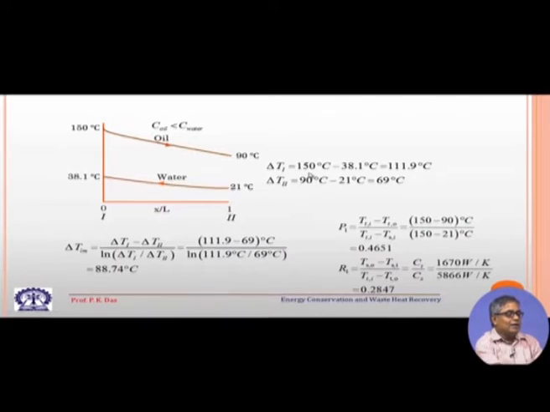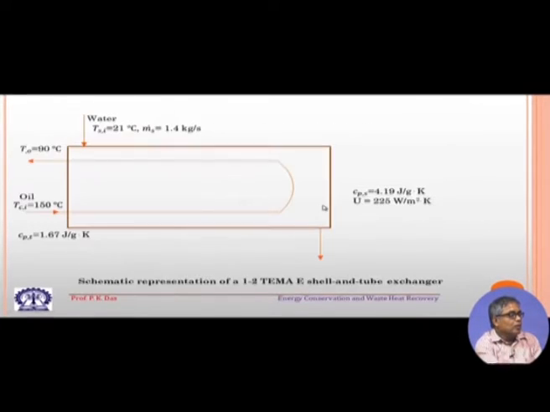Delta T 1 will be 150 degree Celsius minus 38.1 degree Celsius. Let me go back to this diagram.